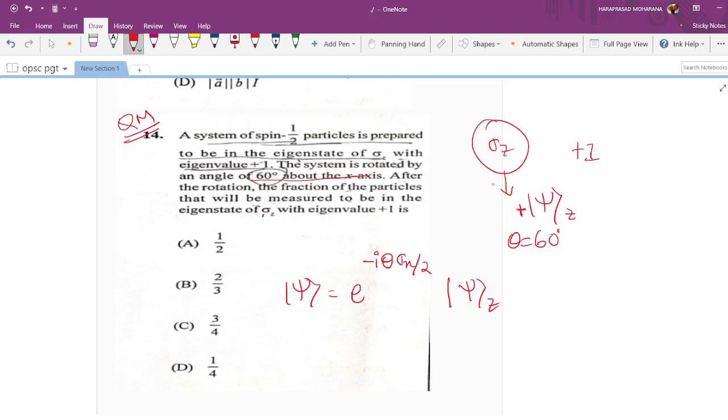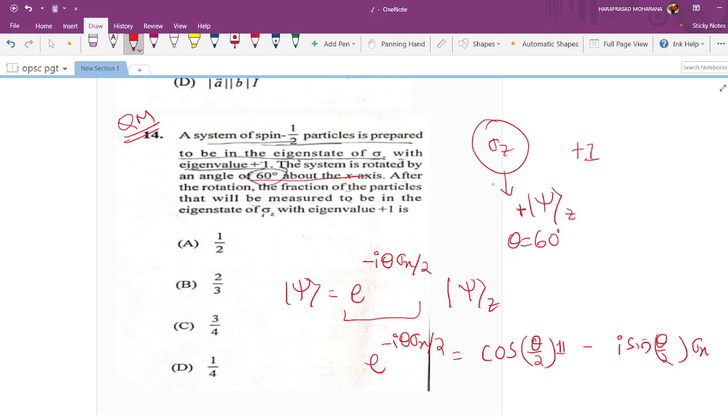And this can be expanded: e to the power minus i theta sigma x by 2 can be expanded as cos theta by 2 times the identity matrix, minus i sine theta by 2 times sigma x.